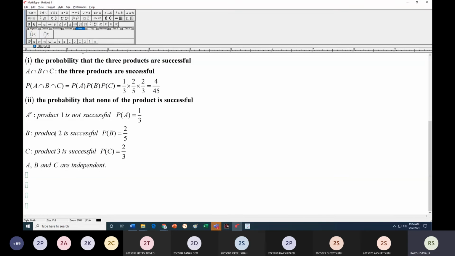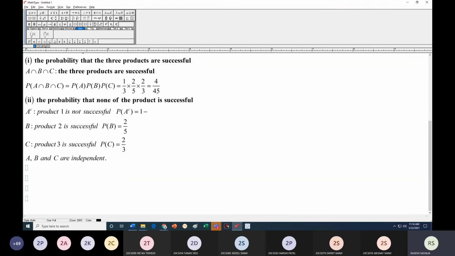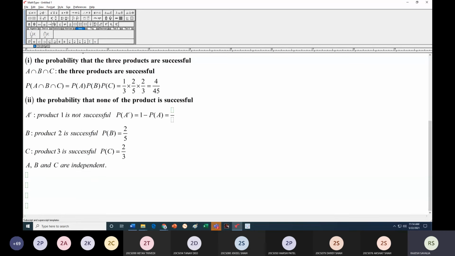So what is the probability of A complement? It will be 1 minus P of A. 1 minus P of A is 2 by 3. Any doubt? No, sir. एक मिनट ना, यहाँ पे मैं वैल्यू लिख देता हूँ तो आपको पता चले.